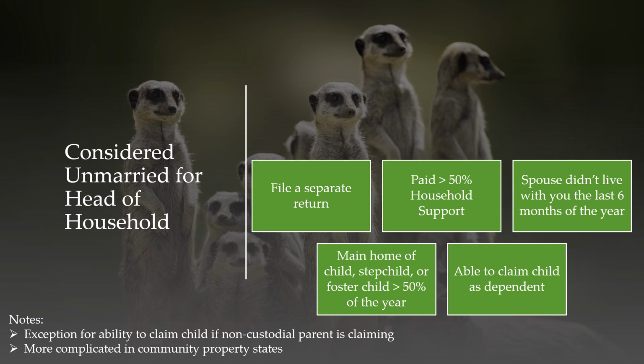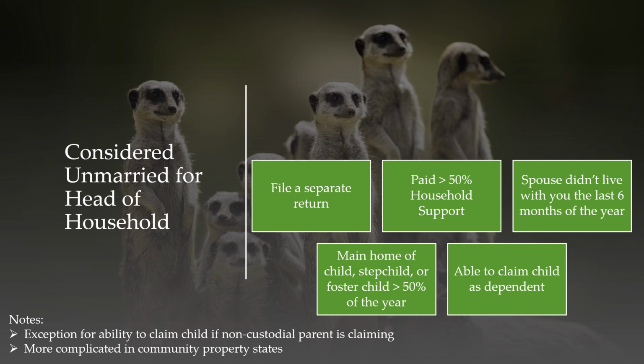The taxpayer must be providing the main home of a child, a stepchild, or a foster child for more than half of the year. And they must be able to claim that child as a dependent. Now, there's an exception for the ability to claim a child if a non-custodial parent is claiming the child for that year.